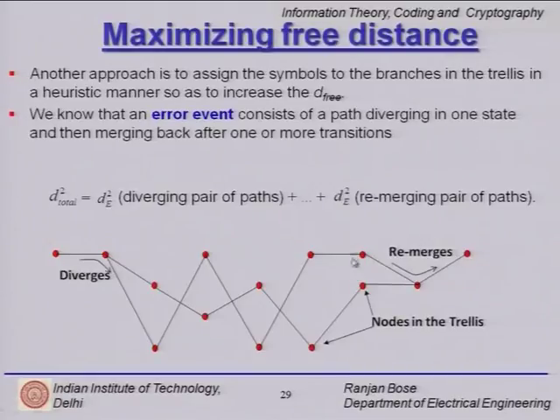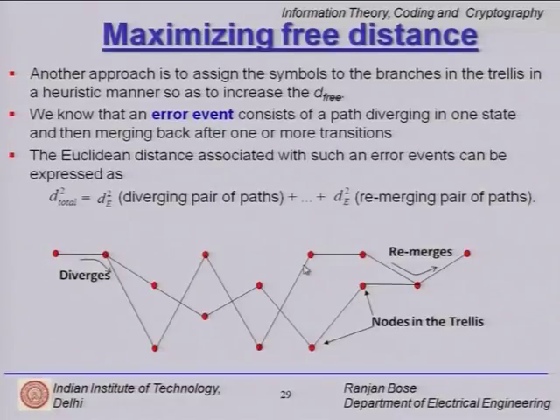And the one with the minimum distance between these 2 paths, distance in terms of Euclidean distance, comes out as the d free. So, at least what we can do is maximize the 2 branches where it diverges and merges back, and the rest will add to it, but we do not have much control over how it jumps up and down in the trellis.